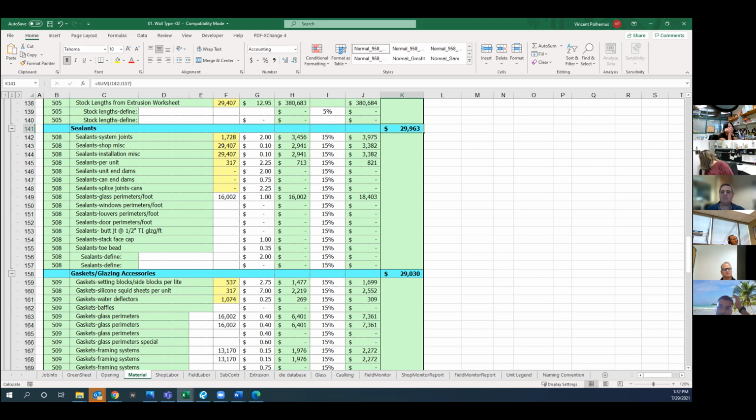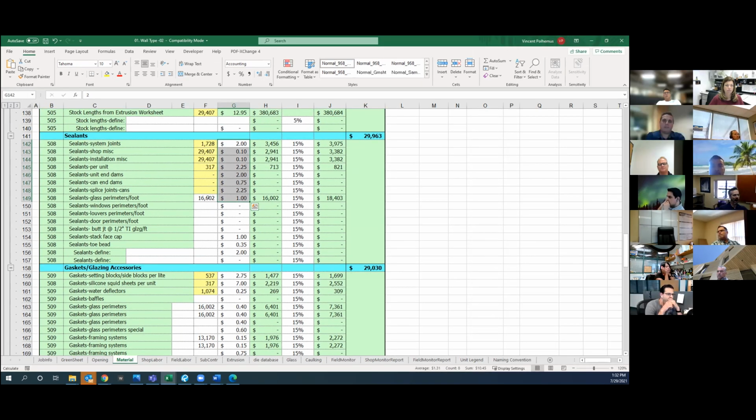What we have found is that usually when we go over budget in things like sealant, it's an indicator that these numbers need to bump up. Sometimes we dig into it and find that there was some weird joint that wasn't picked up or calculated here. But in general, this works really well.